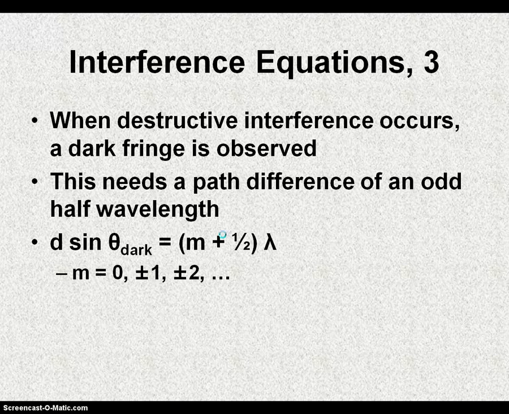So you're going to have 1/2 a step off. So we still have d sine of theta to the dark fringe is equal to m plus 1/2 times the wavelength: d sin θ = (m + 1/2)λ. So again, m is the order number. Are we looking at the first fringe or the second fringe? And then we add a half to it to compensate for that wavelength arriving 1/2 out of phase.